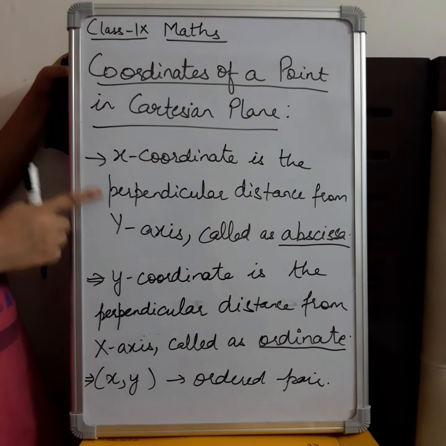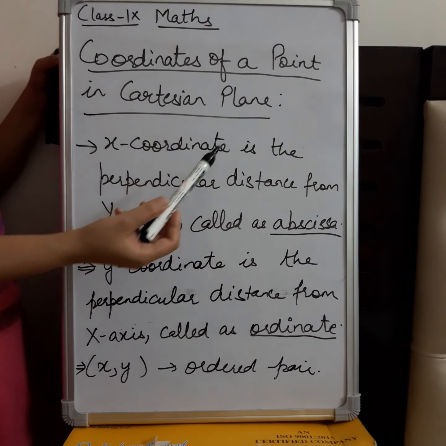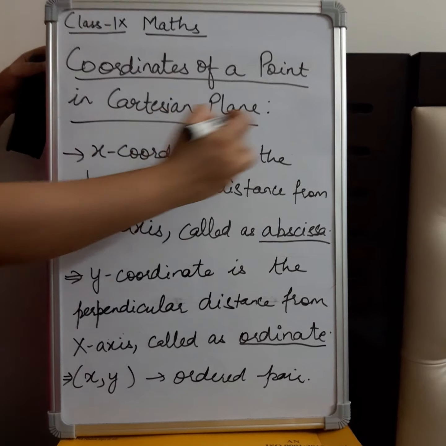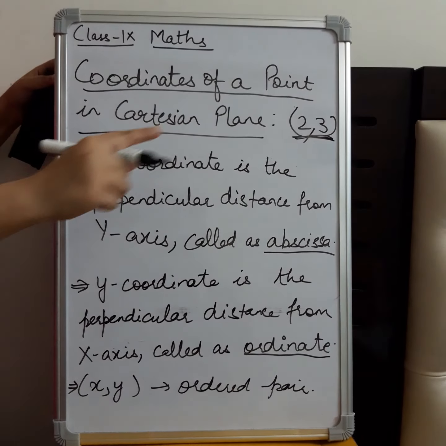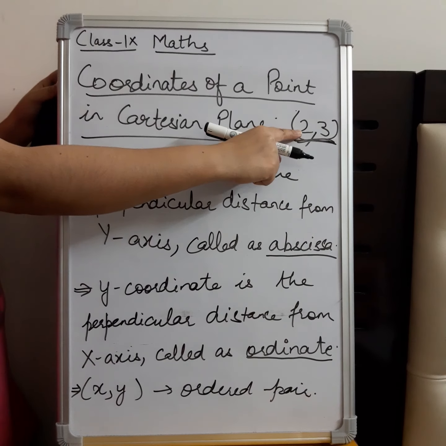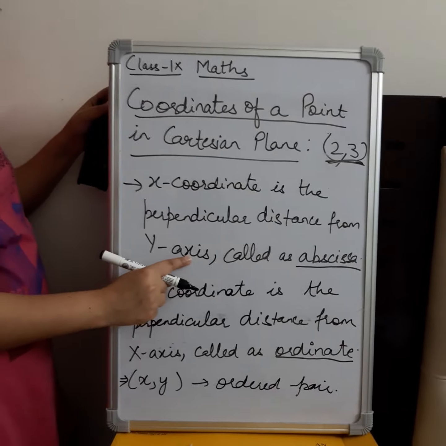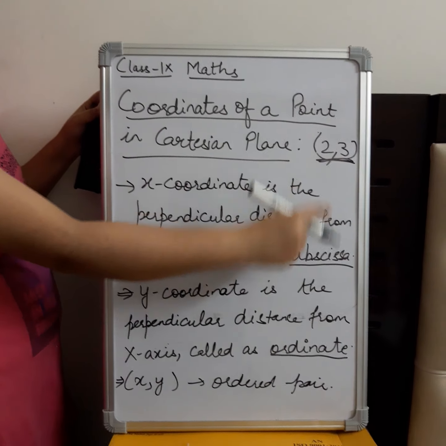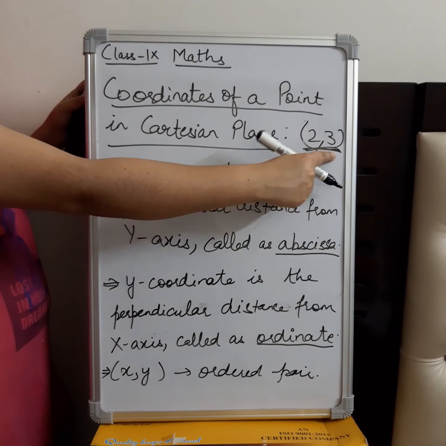Now these are some important points. Firstly, the x coordinate of any point. Suppose I take the point (2, 3) only. The x coordinate is 2. It is the perpendicular distance from the y-axis and we call it the abscissa. In the same way, the y coordinate here is 3.